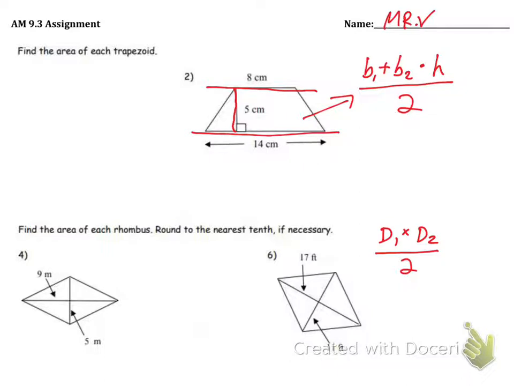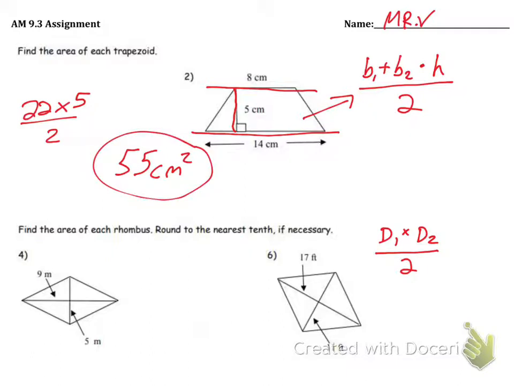So I'm going to have 22 times my height, which is 5, divided by 2. 22 times 5 is 110. Divided by 2 is 55. And that would be your final answer.